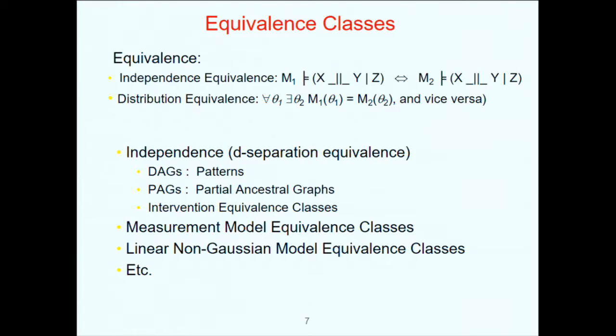And this is a more complicated idea. It's called distributional equivalence. And this says that if I have a model, M1, which is a graph, and I parameterize it, like we did yesterday, and then I have the parameters for that model, theta 1, and I have a second graph, M2, and I have the parameters for that, theta 2, then those graphs are distributionally equivalent if for every parameterization I could stick in theta 1, there's some parameterization theta 2 so that the distributions induced are completely the same in probability distribution terms.